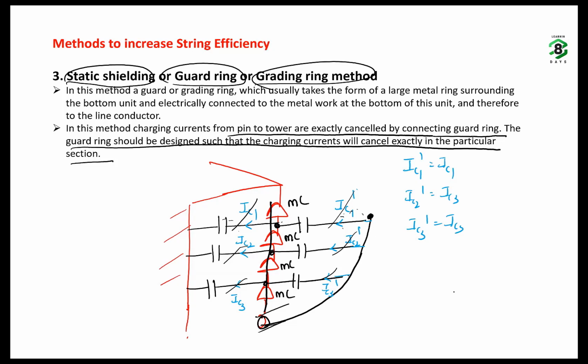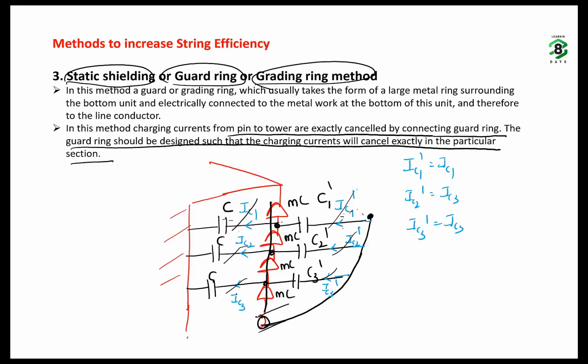Even for this grading ring capacitance there is a formula. I don't think they will ask that deep, but if you want the formula, I will simply tell. We already know this capacitance is C. Suppose I call these counter capacitances C1 dash, C2 dash, C3 dash, like that.